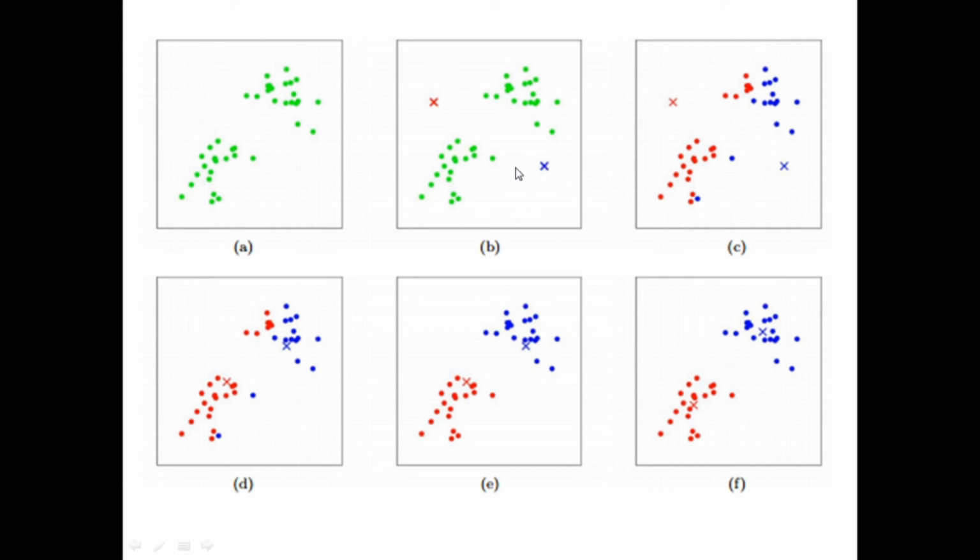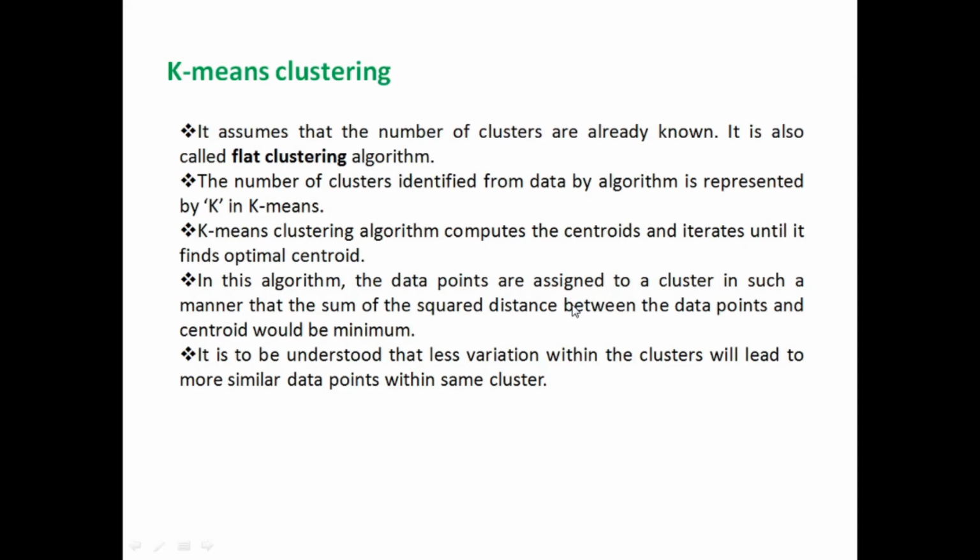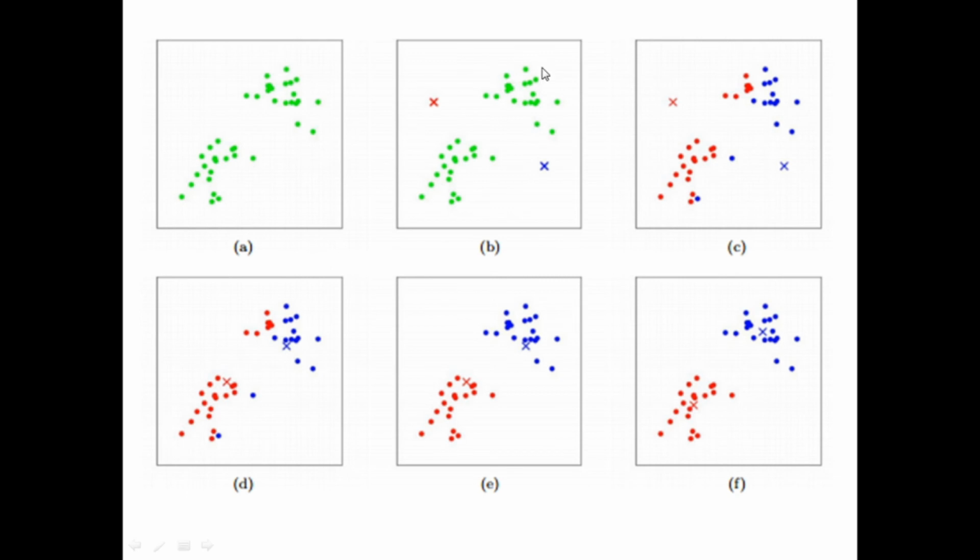As I have said, a pixel carries a feature vector, and these feature vectors are projected into the feature space. The same thing I discussed in this slide. These are all the data points present in the feature space. Each pixel is nothing but a feature vector xj.